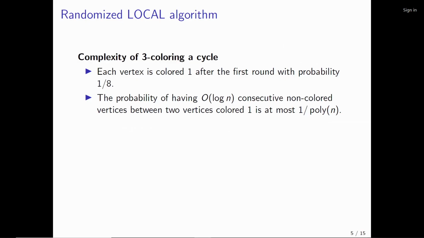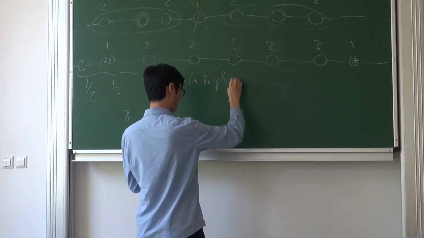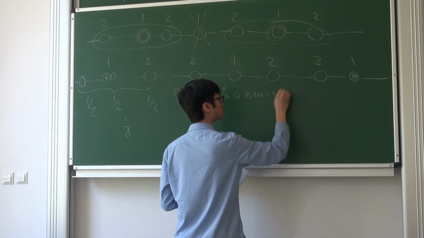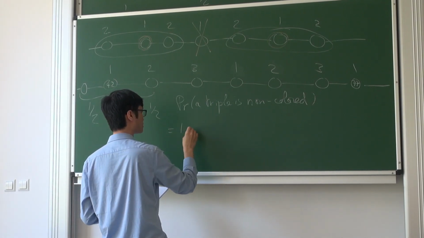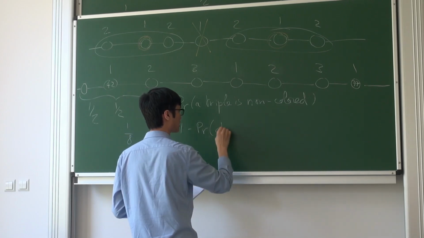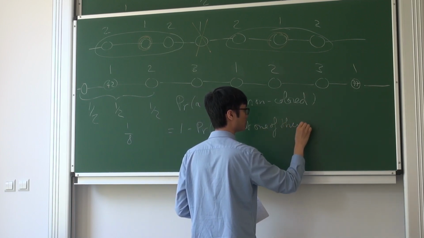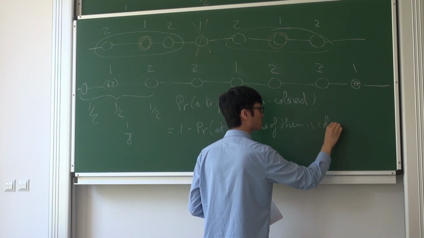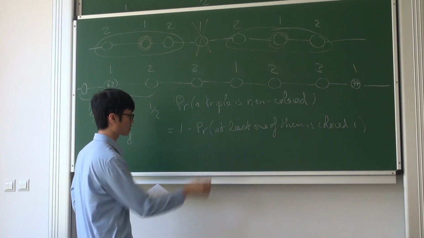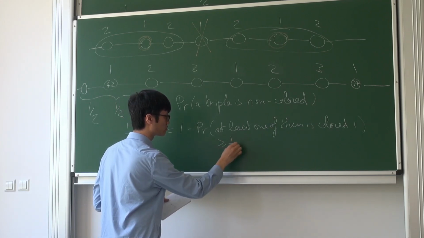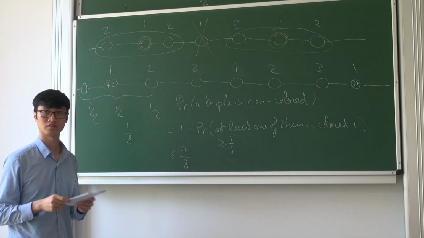Let us first look at the probability that a triple is non-colored. I will say that this is 1 minus the probability that at least one of them in this triple is colored 1. Since I know that this is at least 1/8, this is at most some constant less than 1.